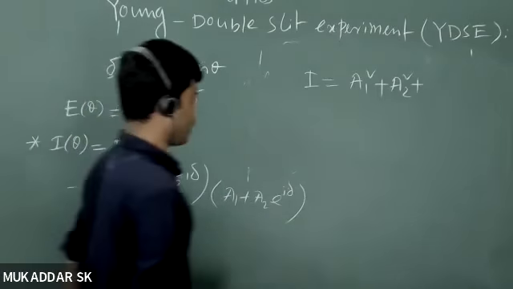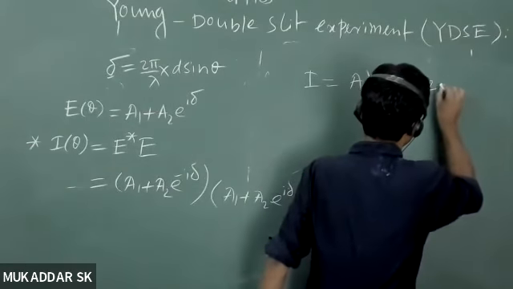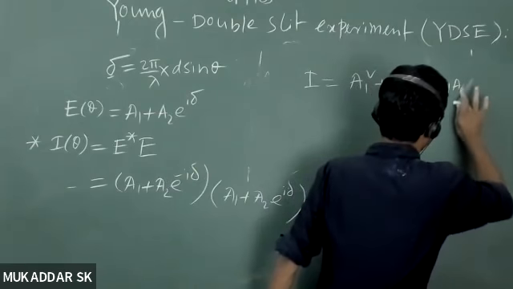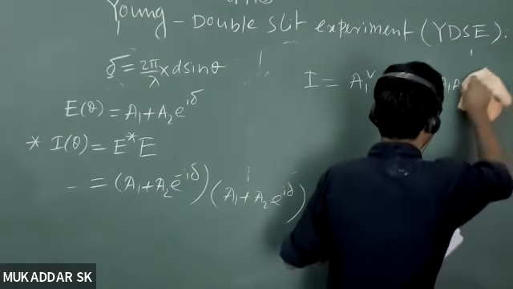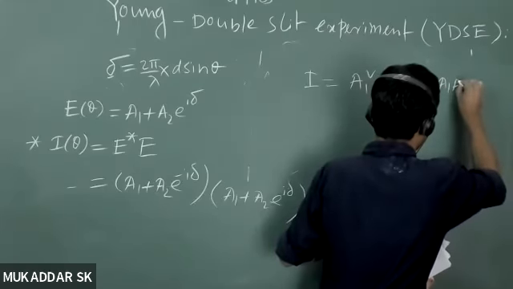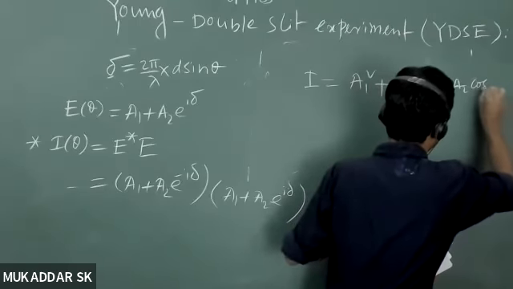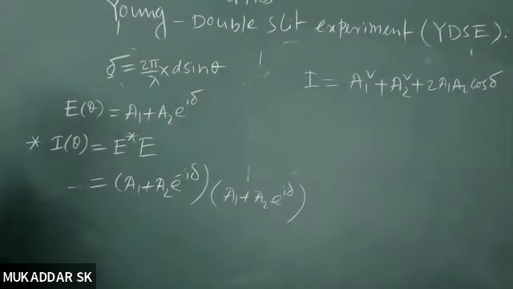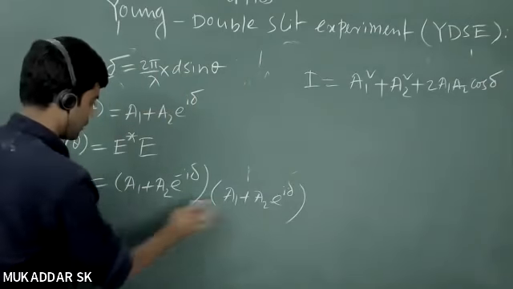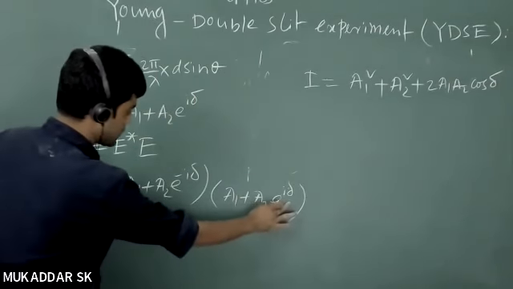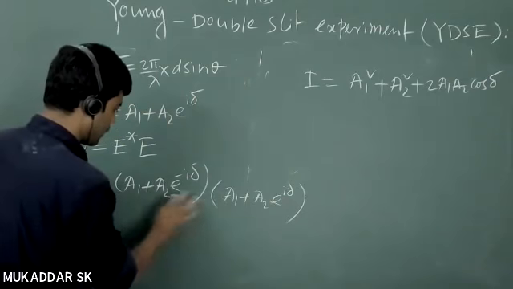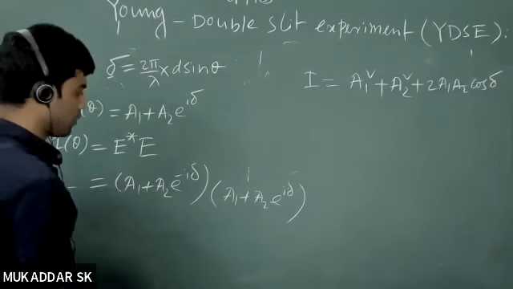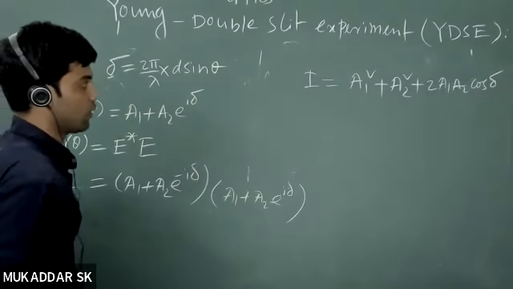And you will get two more terms. A1 A2 exponential i delta, and from the other term you will get A1 A2 exponential minus i delta. So if you combine the last two terms, you will basically get 2 A1 A2 cosine delta. ठीक है?